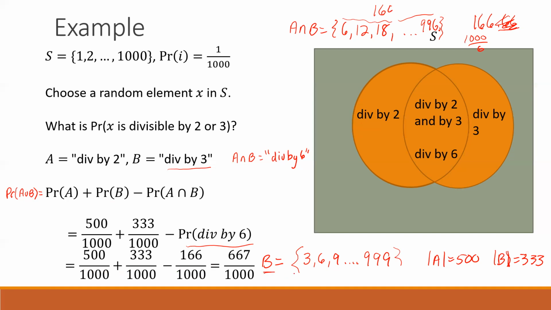That's probability of A plus probability of B minus the probability of A intersect B, and I get 667 over 1,000. So that's the probability that I choose a number that is divisible by 2 or 3. All right.